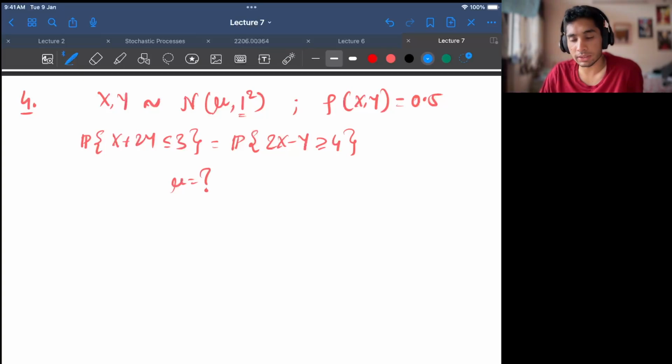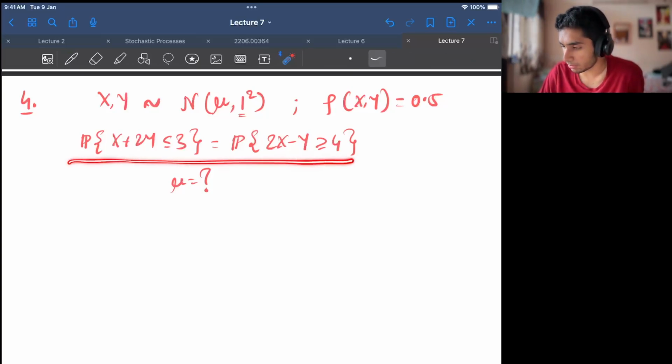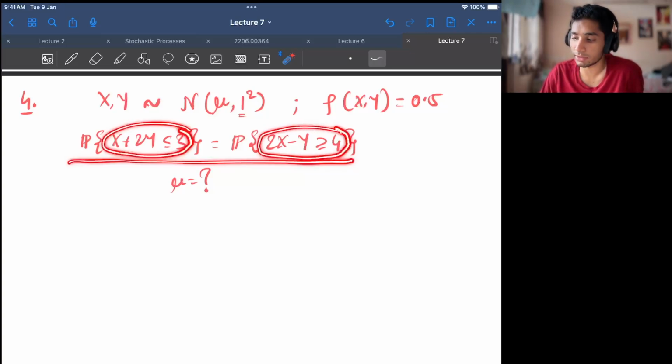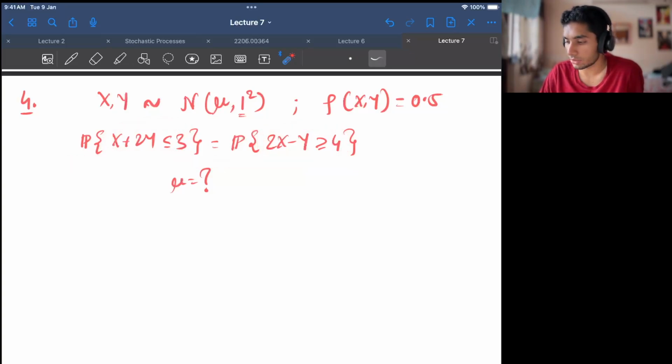So I will repeat the question. X and Y are two random variables whose marginals are Gaussian with mean mu and variance 1. Their correlation or covariance is given to be 0.5, and we are additionally given this condition that probability of x plus 2y less than or equal to 3 is equal to probability of 2x minus y greater than or equal to 4. The question that is asked is what is the value of this mean parameter mu?